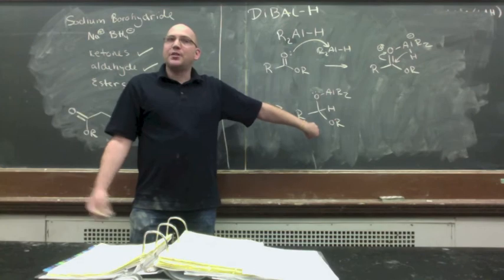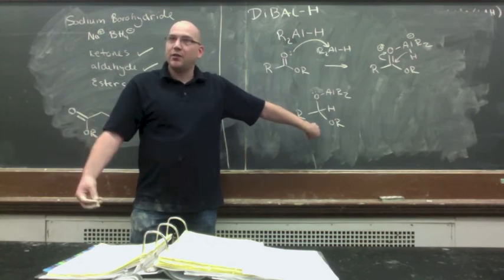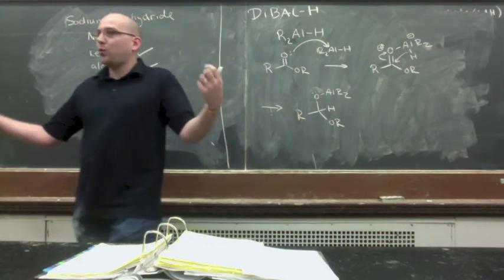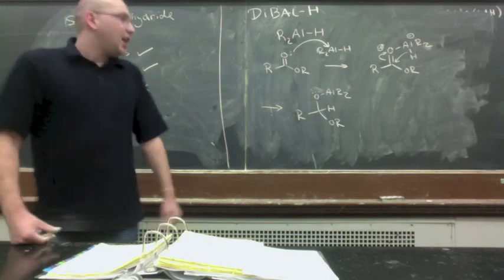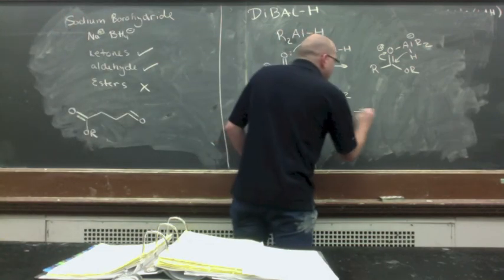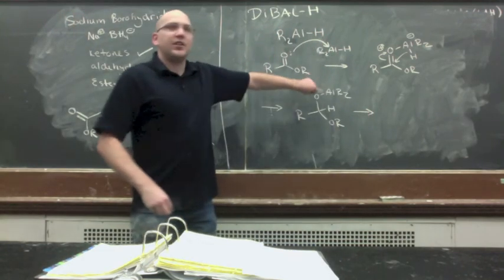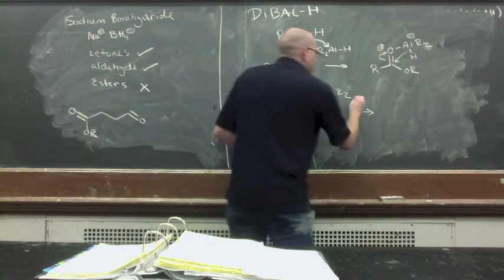And then what happens is you work up this reaction. You treat it with water and everything else, and when you treat this with water, the water adds in and you break this down.